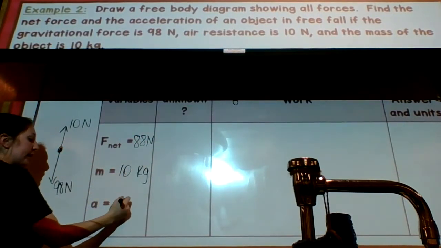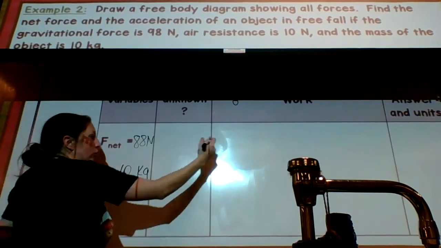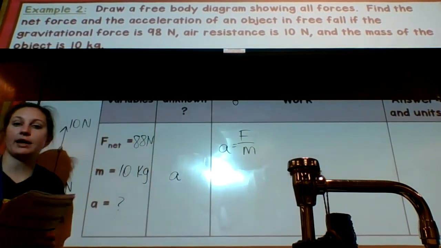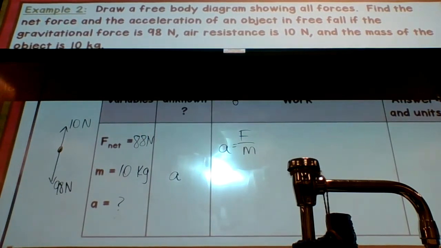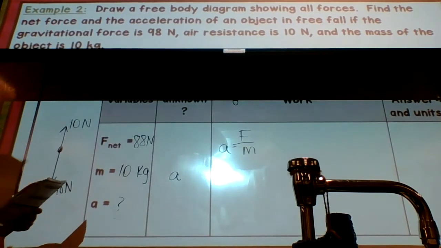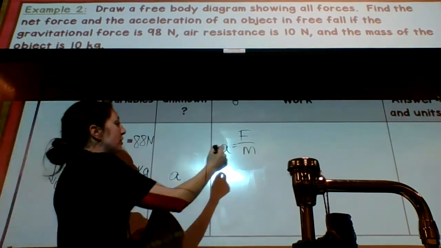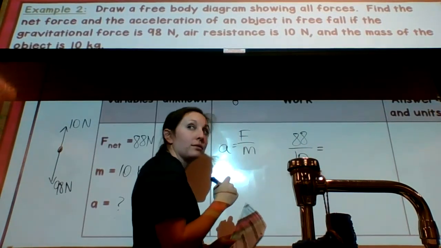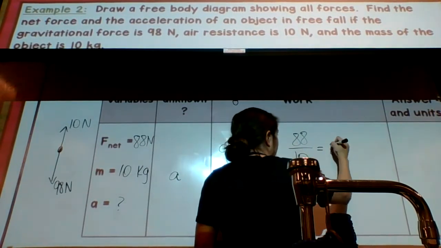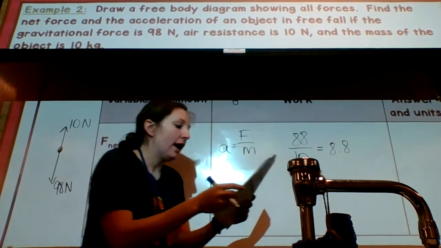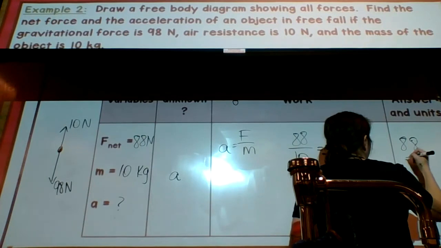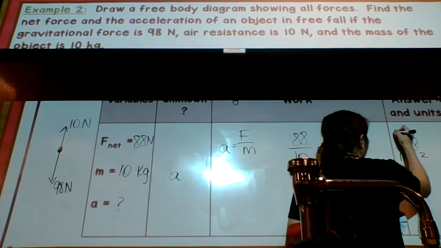Once again, I am looking for A. We know if we look at our triangle that I'm going to do F divided by M. So I'm going to do 88 divided by 10. Anybody know that one? 8.8. Okay, so we get 8.8, and it is acceleration, so meters per second squared.